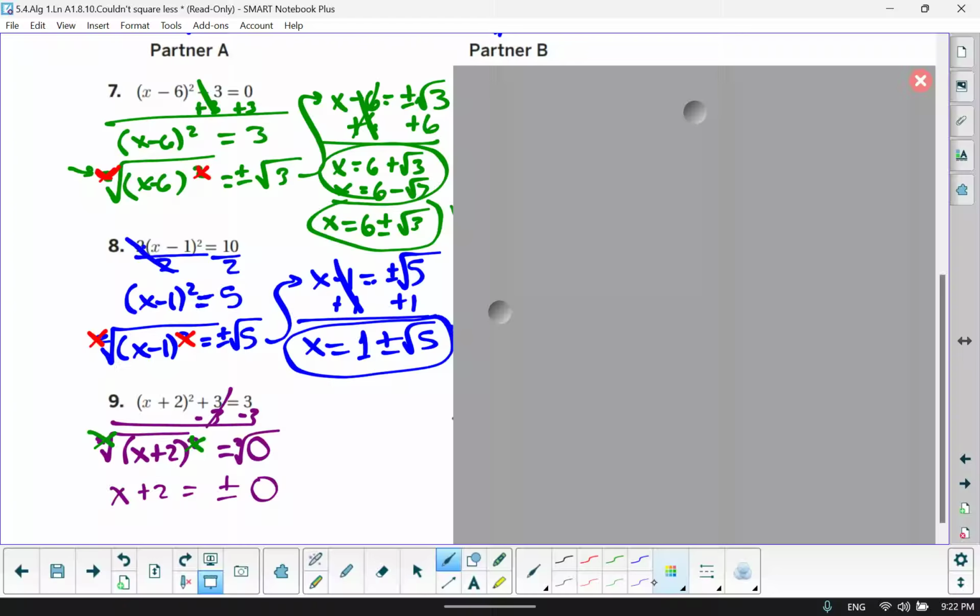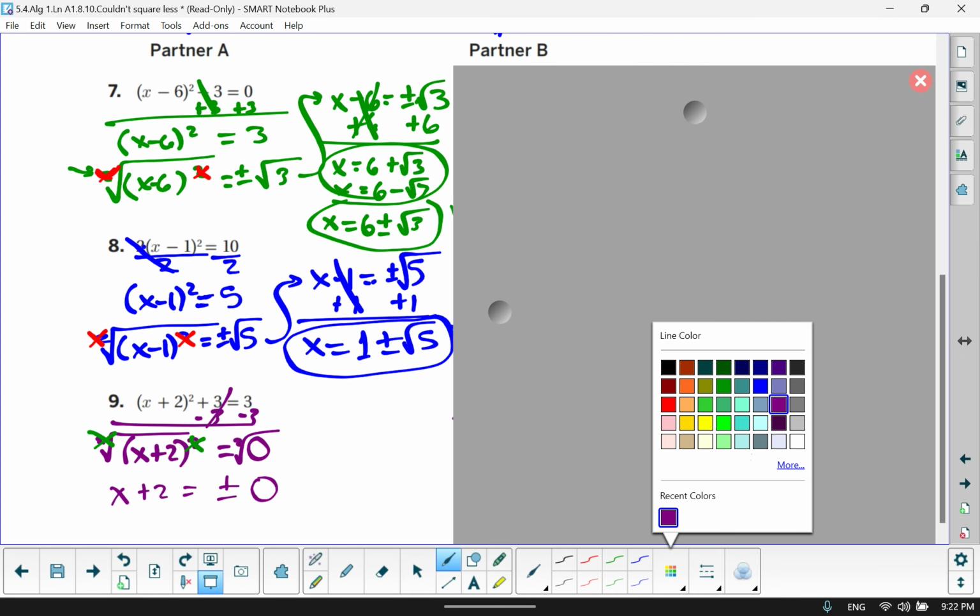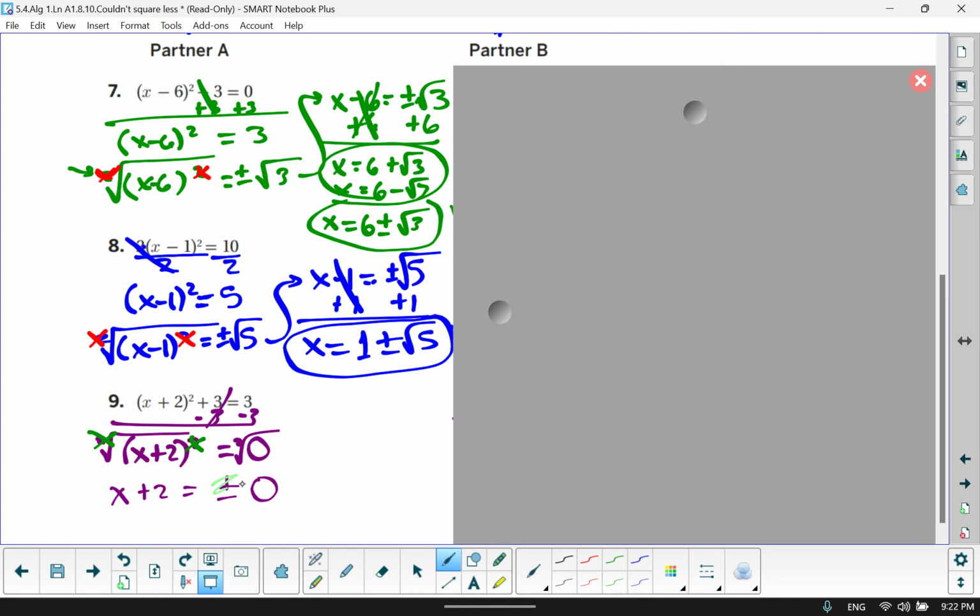Now wait a second. Hold the phone. I can't help but notice that 0 is neither positive nor negative, which is interesting because while number 7 has 2 solutions and number 8 has 2 solutions, in this particular case, there is not a positive or a negative.